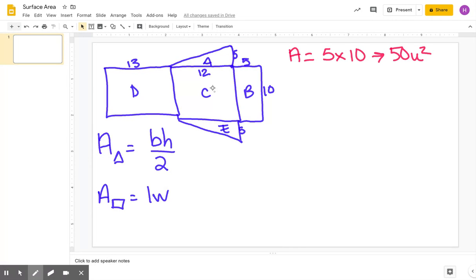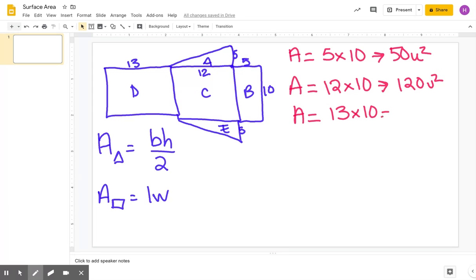The area, let's do C. Area equals, we have 12, and the length is 10, which means the area is 120 units squared. And the final area of our rectangles for D would be 13 times 10, which equals 130 units squared. All right, so those are our rectangles.